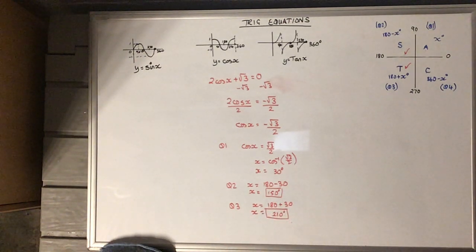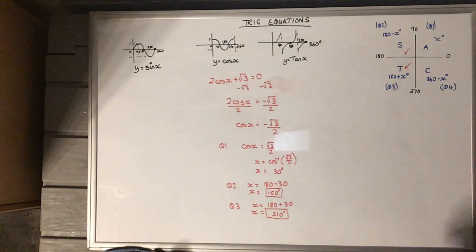Okay, I think I've done enough for them. It's 3 marks in your exam, well worth trying to learn this, especially if you're going to do Higher, because you're going to do harder trig equations at Higher.